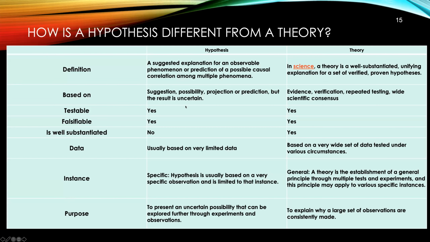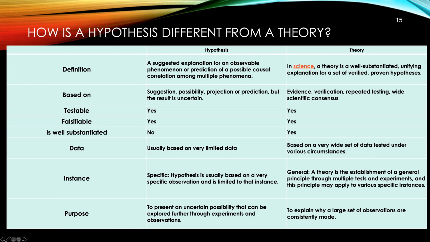and compare a hypothesis with a theory. And this is going to come up again for you, so you'll probably want to be referring back to this when you do your worksheet. So the definition of a hypothesis is a suggested explanation for something that's observed. So it makes a prediction.